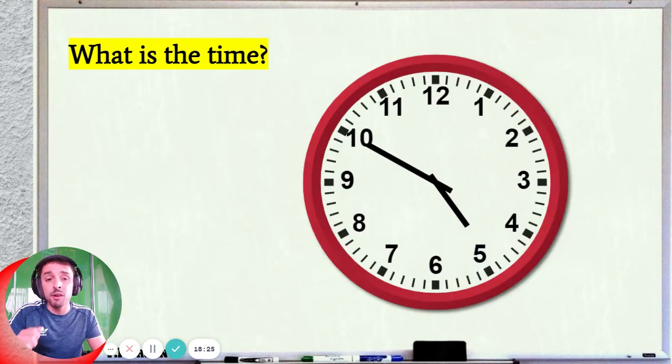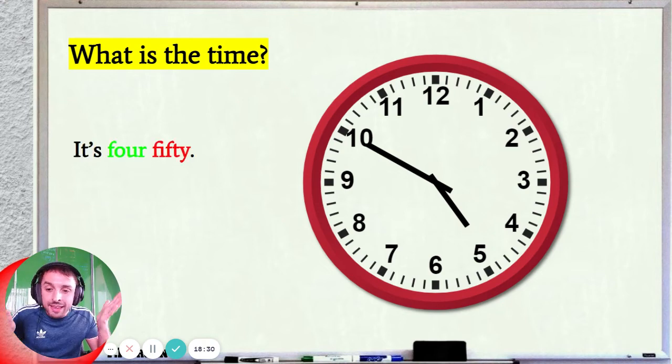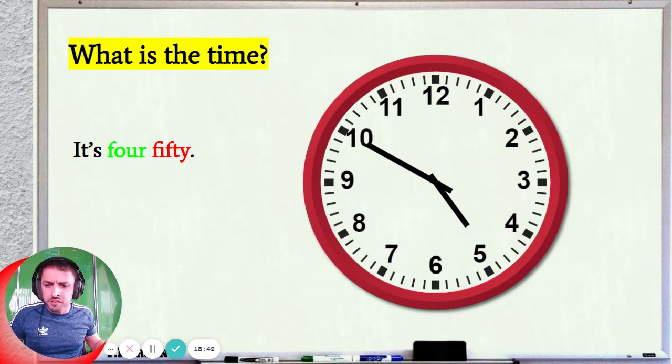Okay. What is the time? You can say it is 4:50. The hour is 4. The minute's 50. So what else can we say? Okay, how many minutes until the next hour? From here to here, how many minutes?